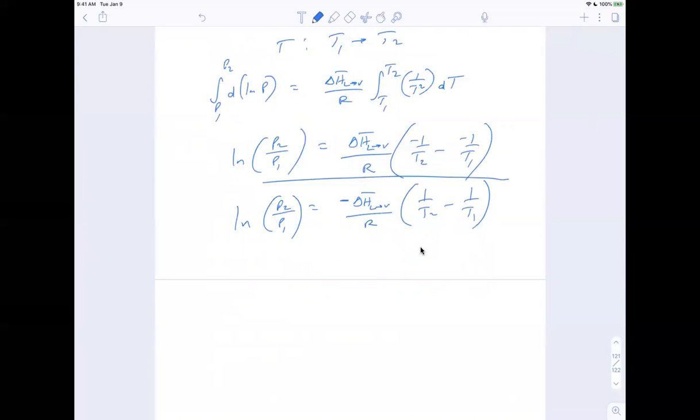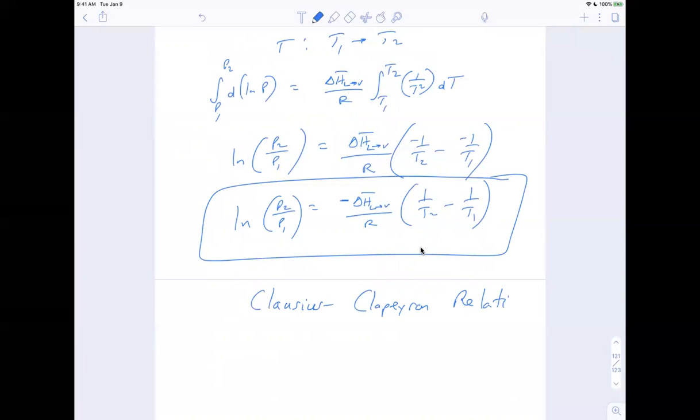And this is known as the Clausius-Clapeyron equation or relation. And so oftentimes this expression is given to you for the liquid vapor transition so that you can predict the vapor pressure along this coexistence line.